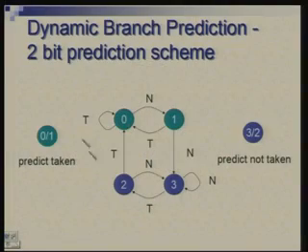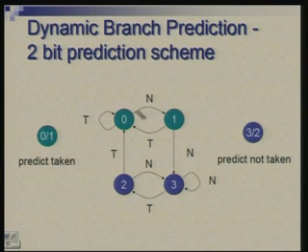you don't change your decision just by looking at one change. So, for example, suppose you are in state 0 and you are predicting that the branch is taken. Okay. Suppose the branch keeps on getting taken, you remain in that state and you keep on predicting that the branch is taken. At some point the branch does not get taken.